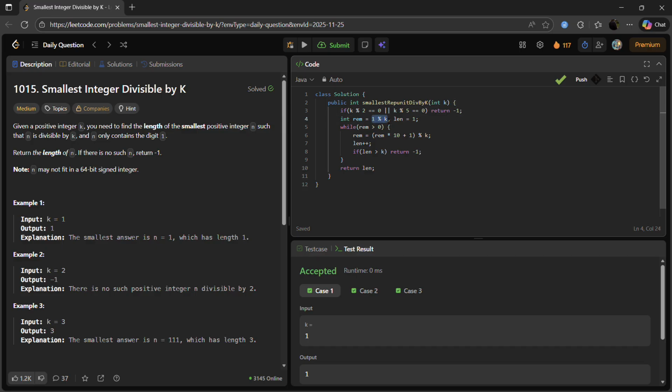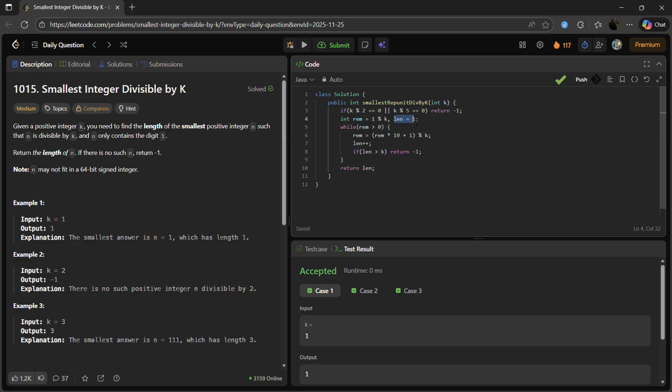If the given number k is equal to 1, what we need to return is the length of 1, right? So n is equal to 1, so n modulo k is rem, which is equal to 0. So this won't enter the while loop, because in the while condition I have said that only when rem is greater than 0 does it enter.